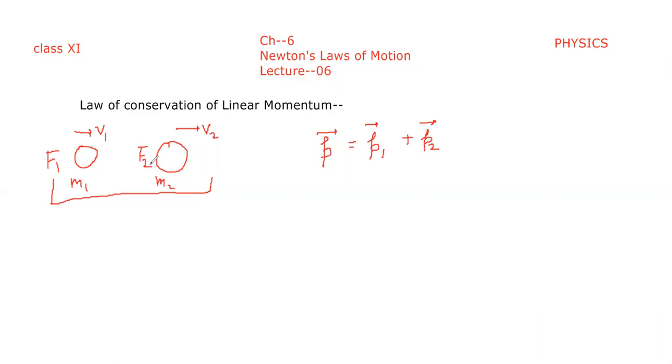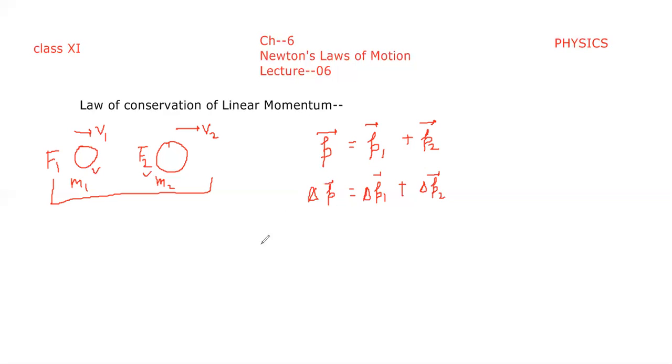Let in a small time interval delta t, the changes produced by the forces F1 and F2 in m1 and m2 be delta P1 and delta P2 respectively. So there is a net change in the momentum. So we can say delta P equals delta P1 plus delta P2. Okay, this line is clear or not?